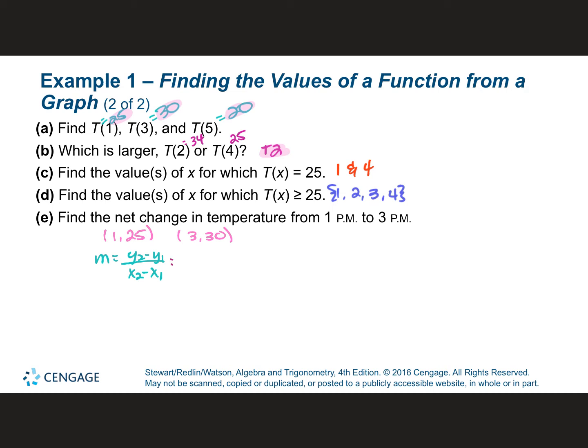So if we use the 3 comma 30 as x2, y2, this is going to give us 30 minus 25 all over 3 minus 1. The 30 minus 25 is 5, and then the 3 minus 1 is 2. So it's just 5 over 2.